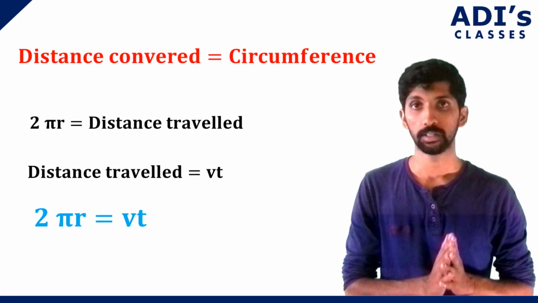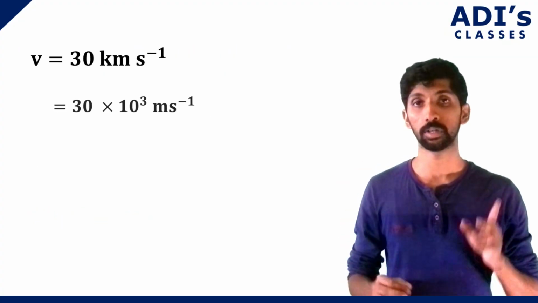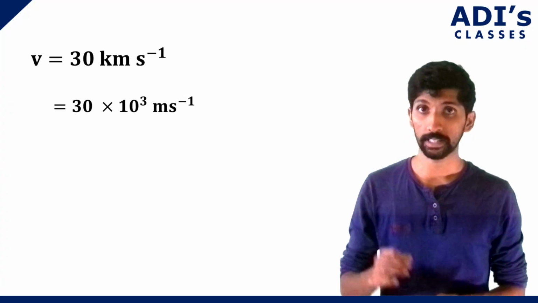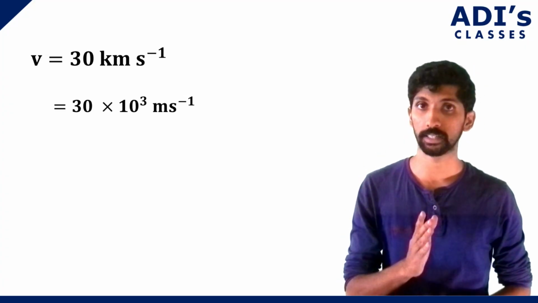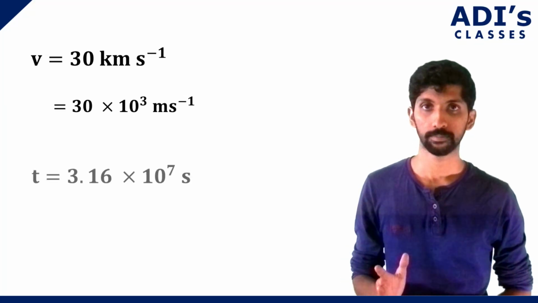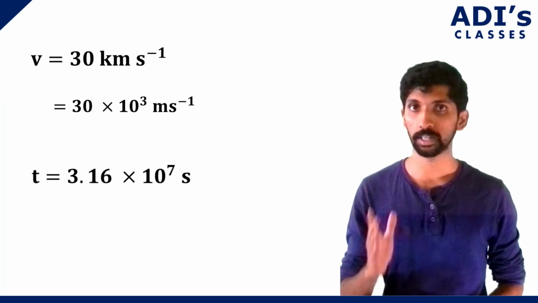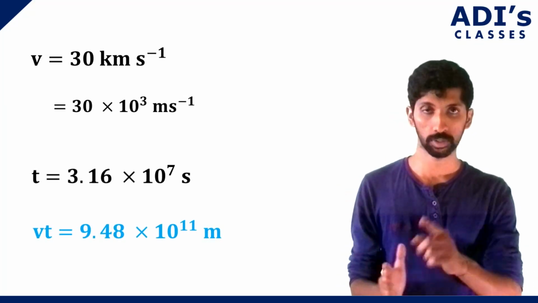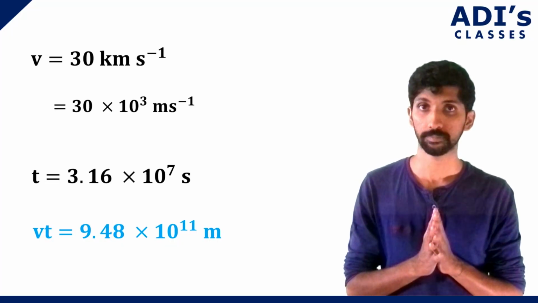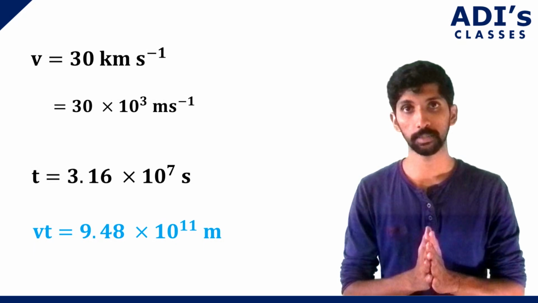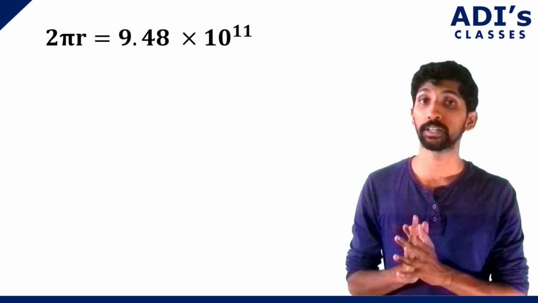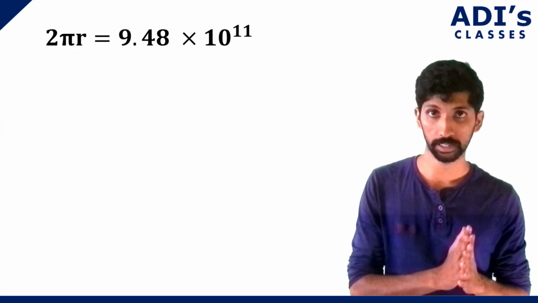V into T. So 2 pi r is equal to, now convert the velocity given into SI unit. It's 30 km per second. So that will be 30 into 10 to the power of 3, correct? So 30 into 10 power 3 into, what is the time given? 3.16 into 10 to the power of 7. Correct? Now, if you multiply those two, you will get this as 9.48 into 10 to the power of 11 meters.